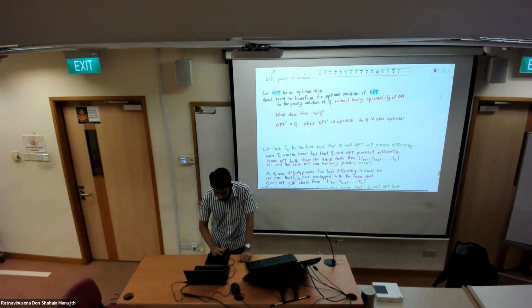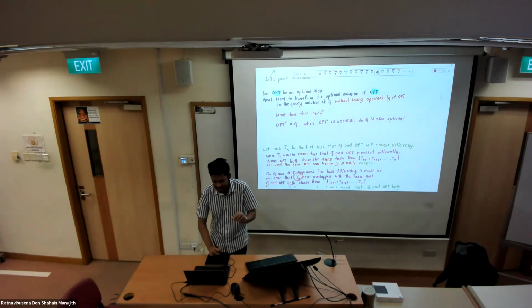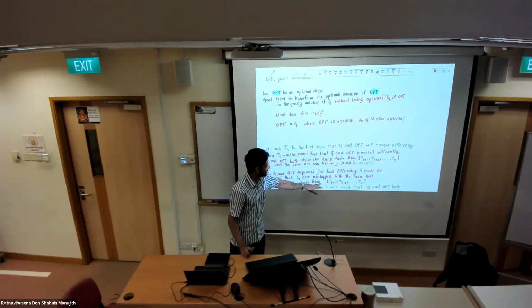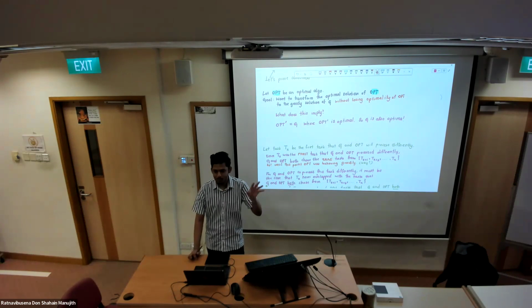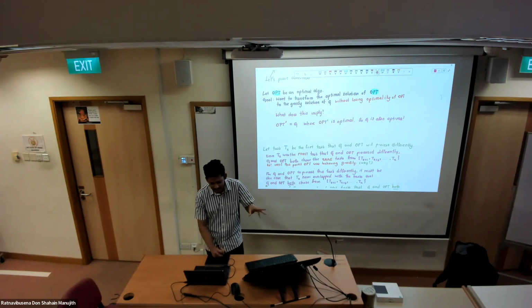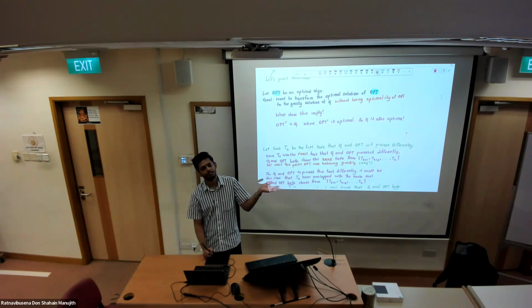If Tk overlaps with any of the tasks that G and OPT both chose from this subset, then both G and OPT cannot choose Tk. Then both G and OPT process Tk in the same trivial way. But we supposed that Tk is the first task that G and OPT process differently. So Tk will never overlap with any of the previous tasks.